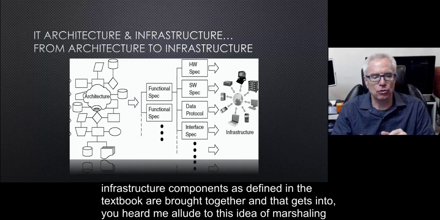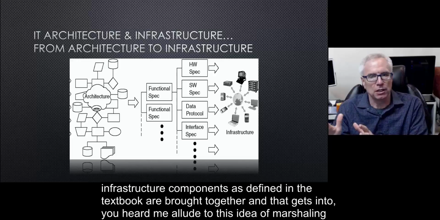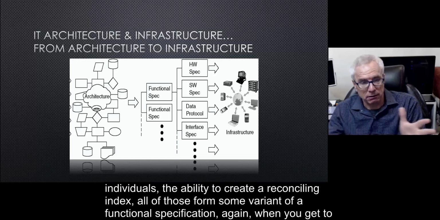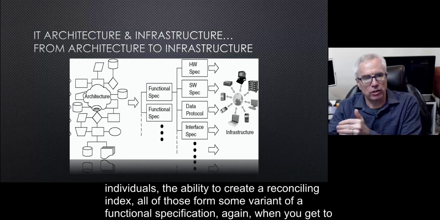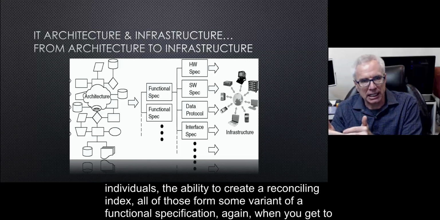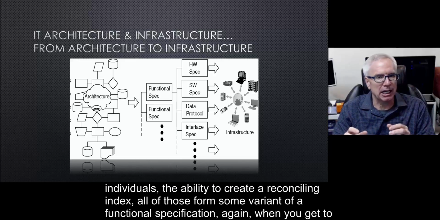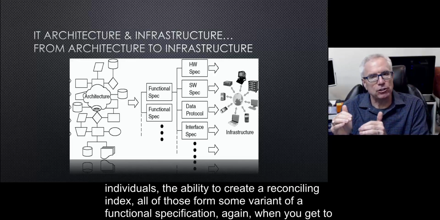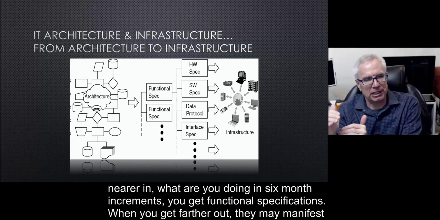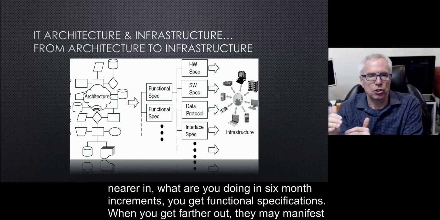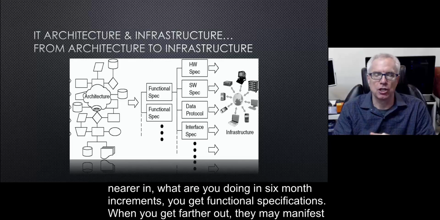And that gets into, you heard me allude to this idea of marshaling individuals, the ability to create a reconciling index. All of those form some variant of a functional specification. Again, when you get nearer in, what are you doing in 6-month increments? You get functional specifications.